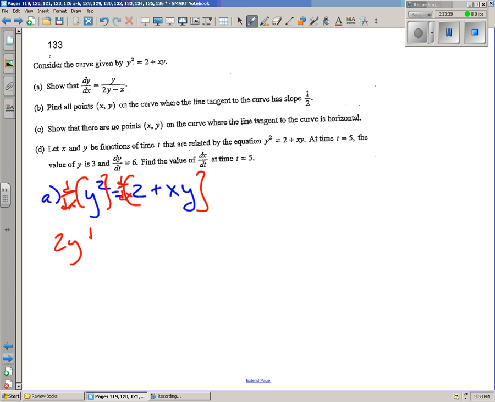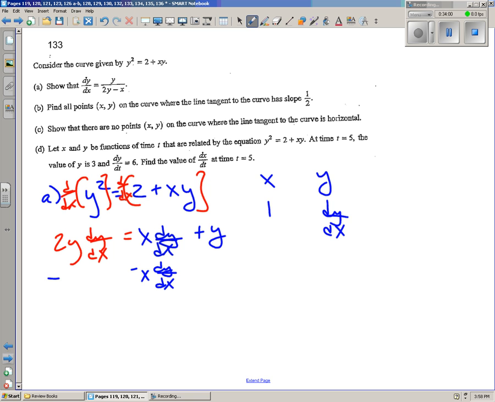We get 2y dy over dx equals, the 2 goes away, x times y is a product rule. So we get x dy over dx plus y. I want to move all my dy over dx's to one side.